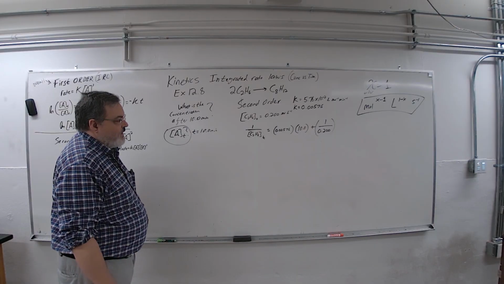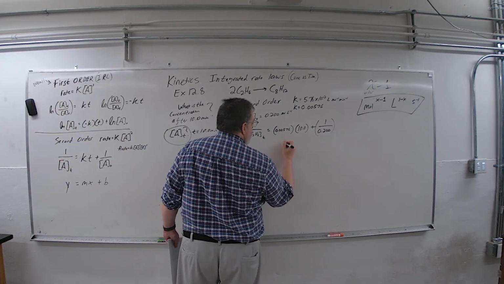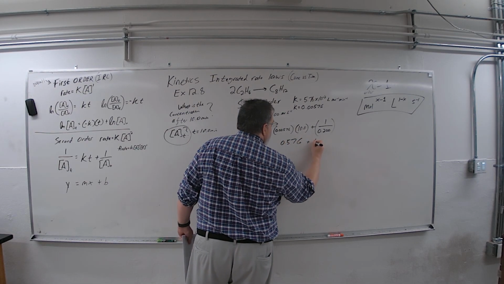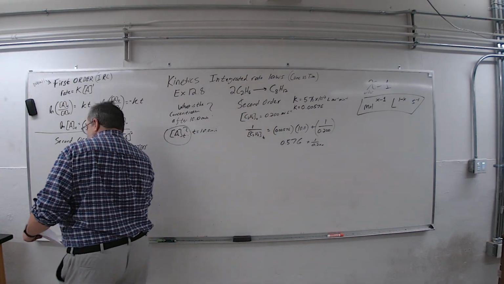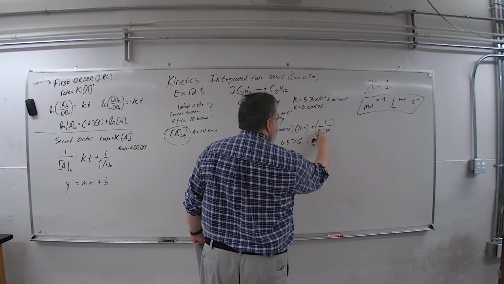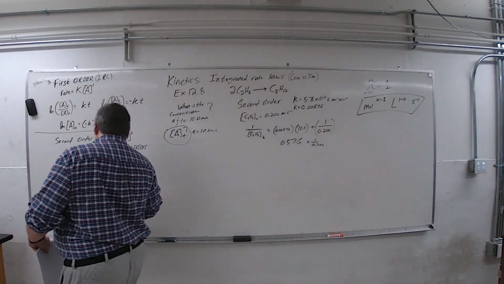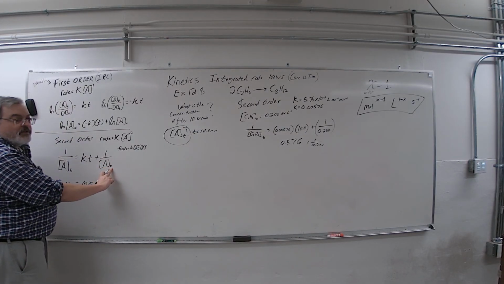So I'm just getting the units out of the way. 10 times this gives me 0.576 plus 1 over 0.200. Why did you put 1 plus 1? Yeah. Plus 1 over 2.0. That's this. Plus 1 over 2.0 is the initial concentration.